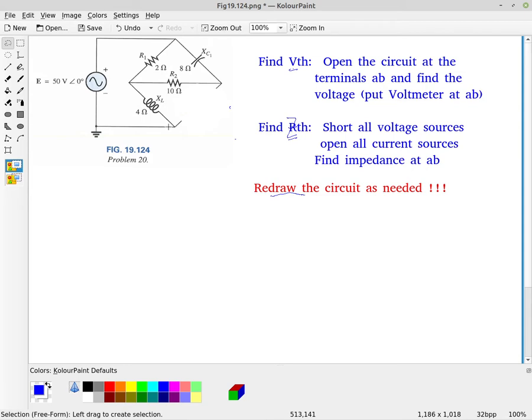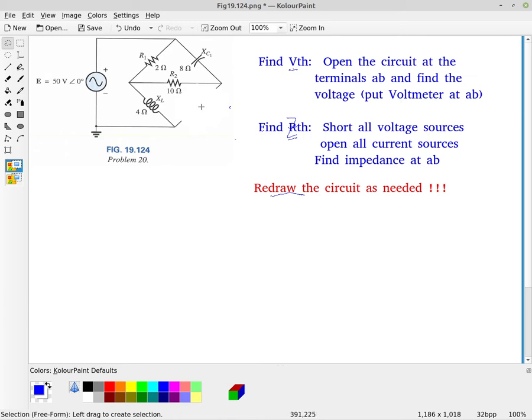And then we can find the voltage at that point. So effectively what we're going to be doing is putting a voltmeter in place, and we can actually measure that.